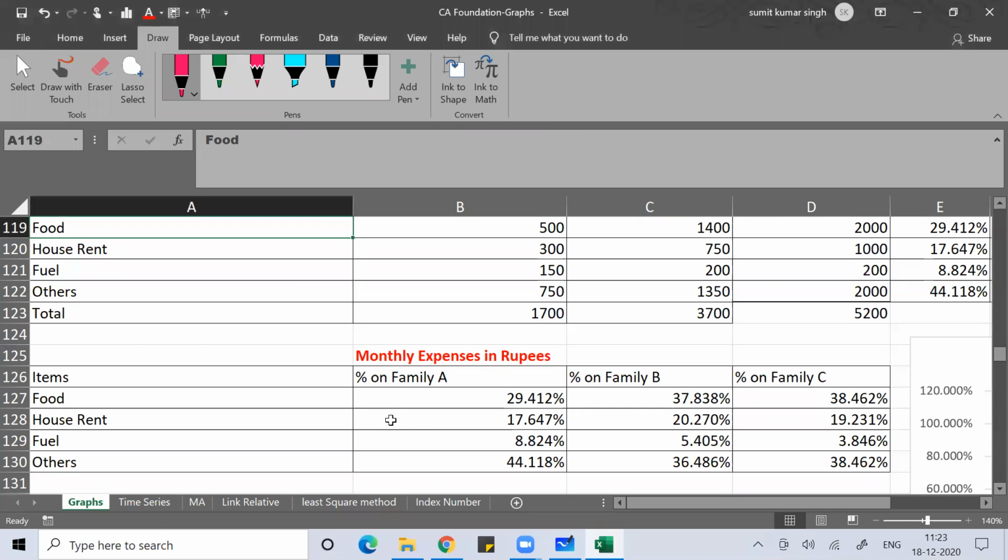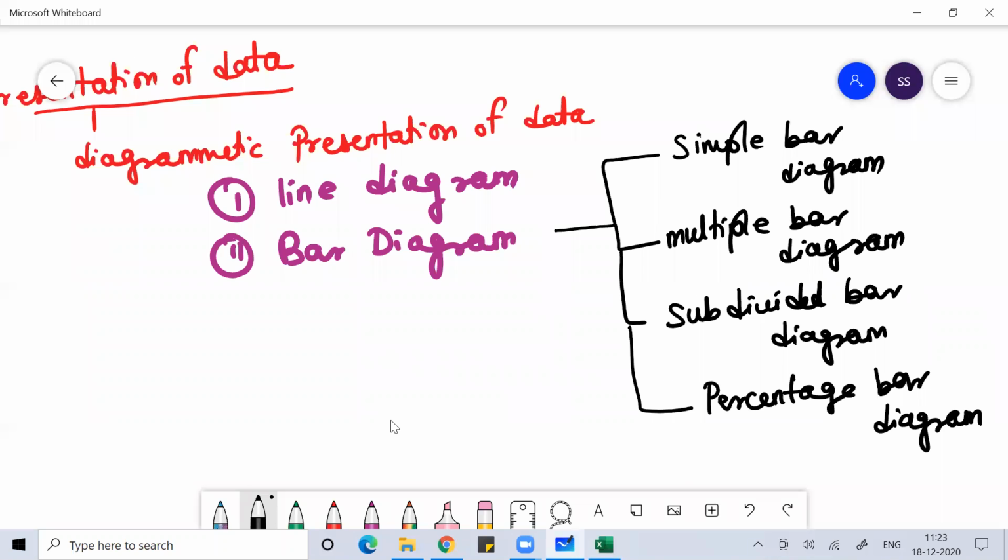So when talking about bar diagrams, we talk about simple bar diagram, multiple bar diagram, subdivided bar diagram, and percentage bar diagram. The next thing we need to discuss in the diagrammatic presentation of data is the pie chart.